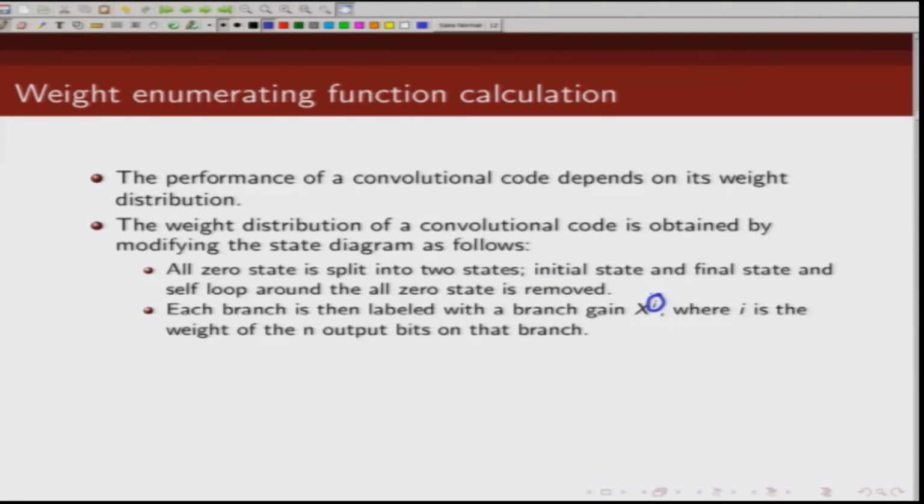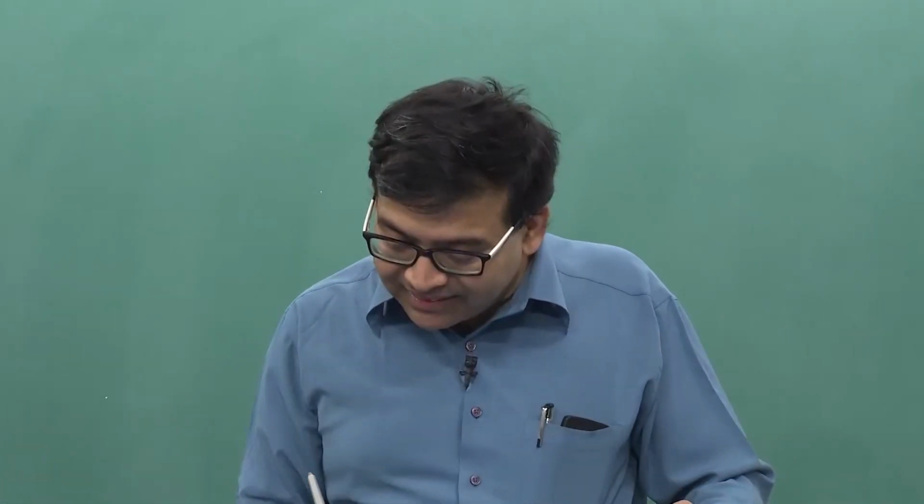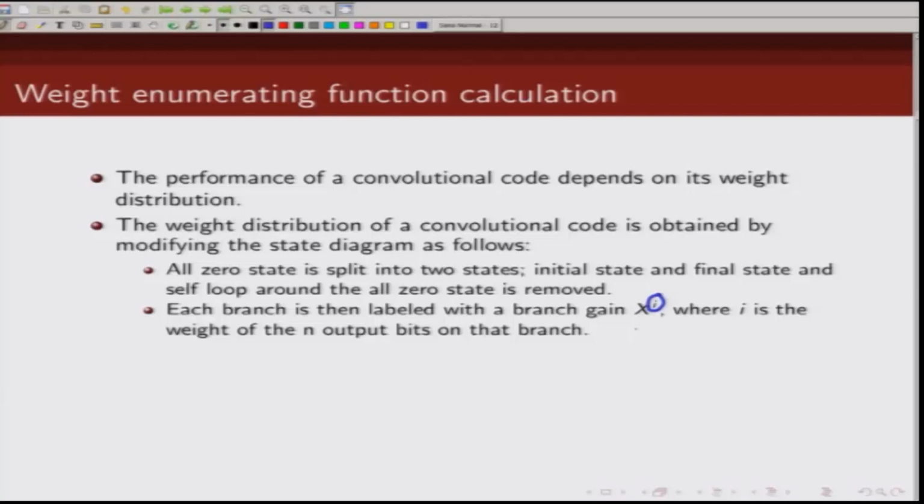For example, if we make a transition from state 0 to state 01 when an input 1 comes and the output is 1 1, then since the output is 1 1, we label that branch by x raised to the power 2.